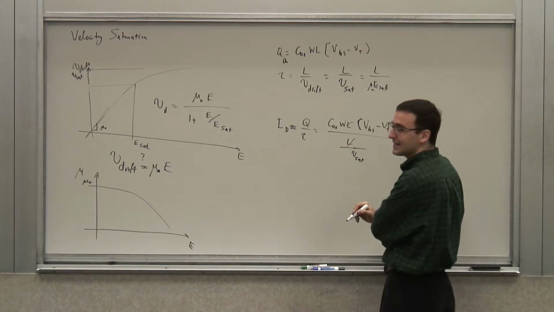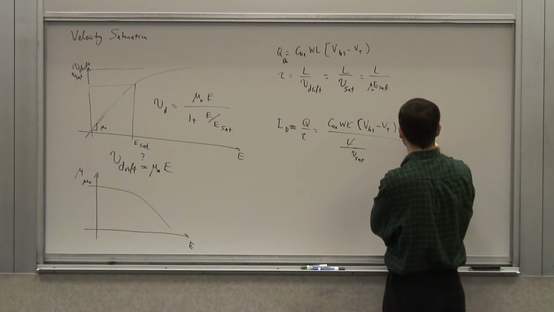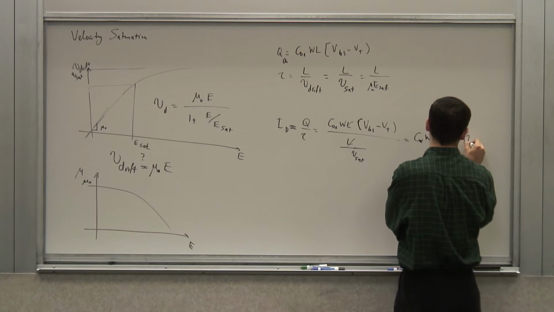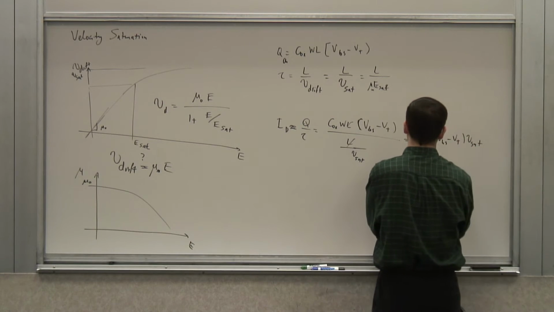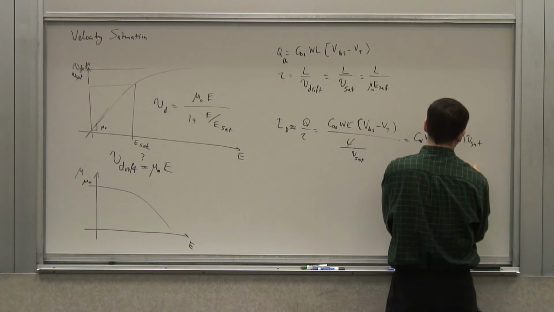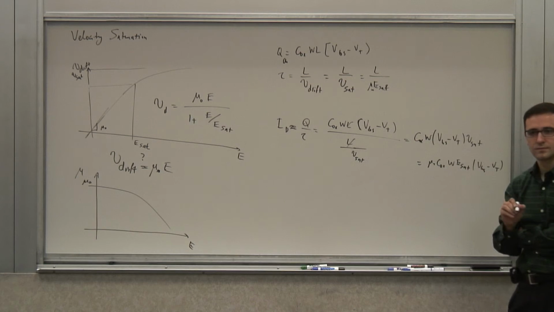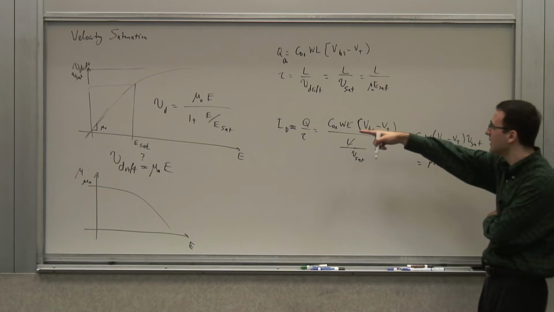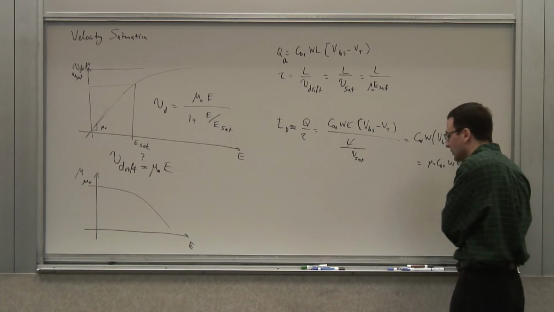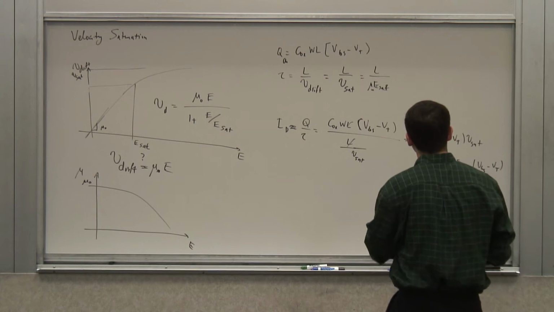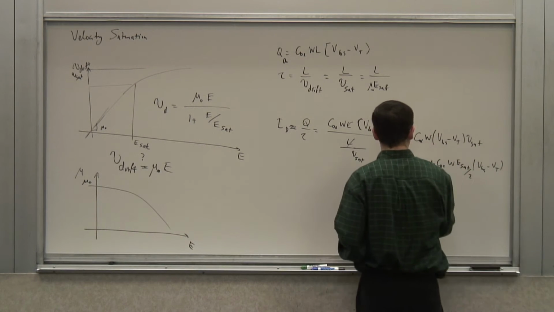So you can see the L's cancel. You have Cox W (V_GS minus V_T) V_sat, or you can write it as mu_n Cox W E_sat (V_GS minus V_T). Actually, the way it's defined, E_sat is defined as this over 2. Doesn't matter. So the point to take away from here is that now you can see the behavior is different.